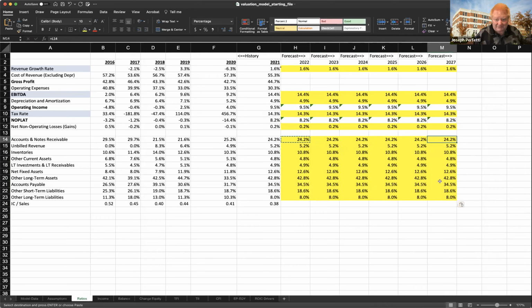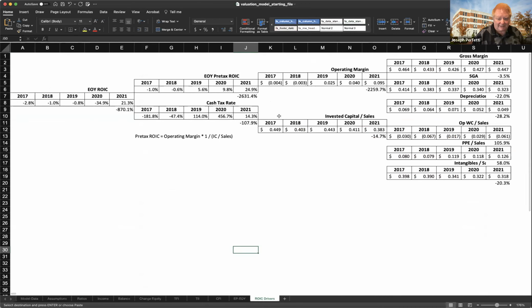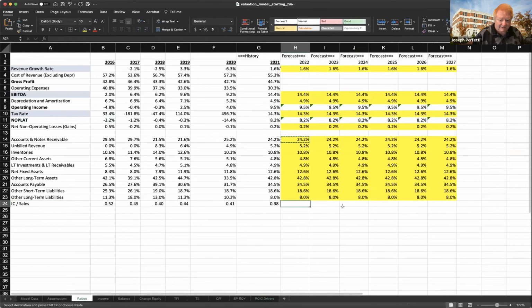The one ratio we're not going to repeat as equal to the previous year is invested capital to sales. Invested capital to sales on this tab is the same as on the ROIC drivers, that's this IC to sales. The only difference is that was historical data, and here on the ratios tab, this is going to be the forecast invested capital to sales. So I'm going to take G24, copy that, highlight, paste, and make that going forward H through M not yellow.